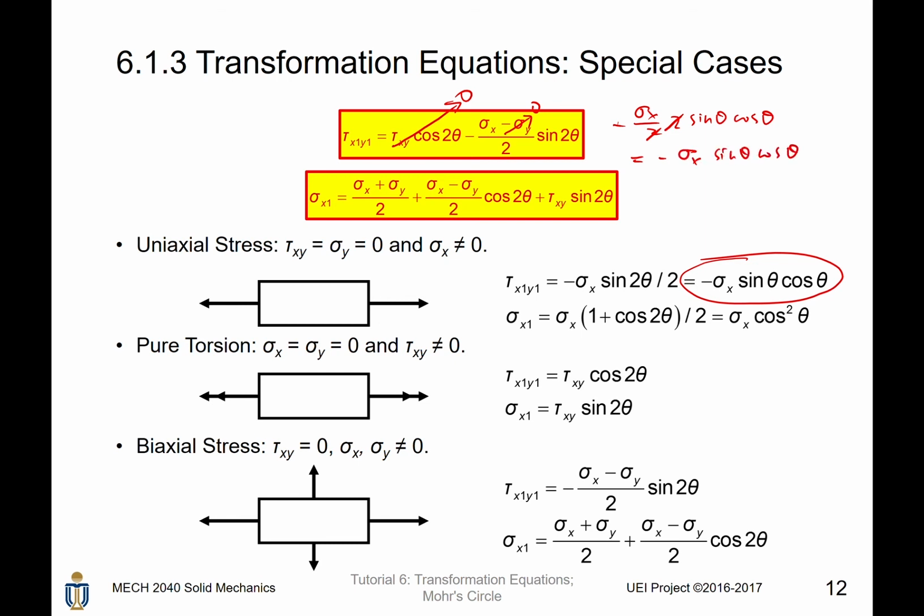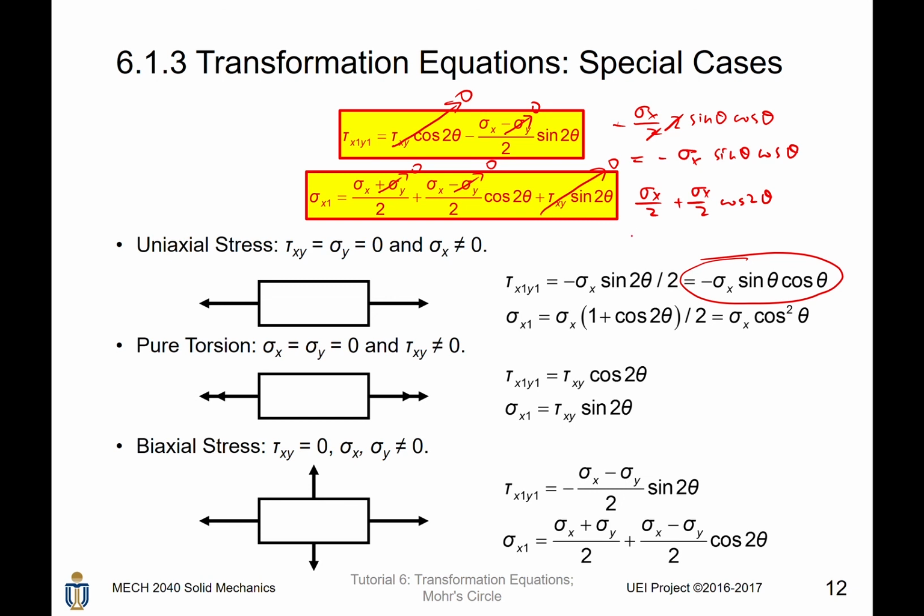Similarly, for the direct stress in the x1 direction, we know there is no shear stress and there is no sigma y. What's left here is just sigma x divided by 2 plus sigma x divided by 2 cosine 2 theta. If you take sigma x divided by 2 out, in the bracket it becomes 1 plus cosine 2 theta, which is just 2 cosine squared theta, right?